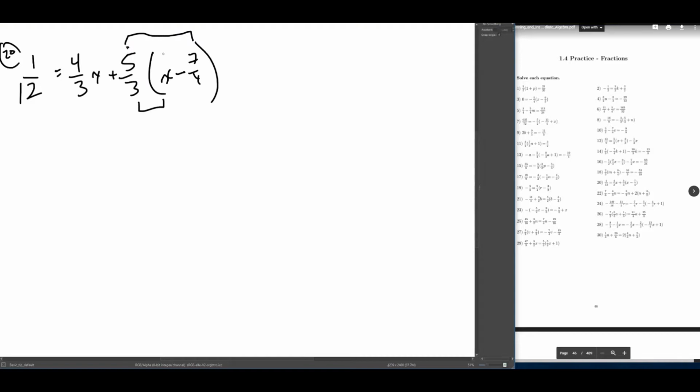So what we're going to do is we can multiply, however, a number of something by anything, right? If I have 3 computers and I multiply it by 5/3, I can have 5/3 times the number of computers I said I had. So let's take a look at this. 5 over 3 times x equals 5 over 3x. 5 over 3 times minus 7 over 4. Remember this minus sign.